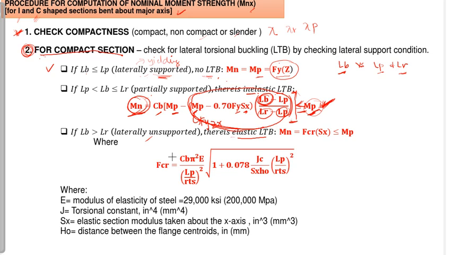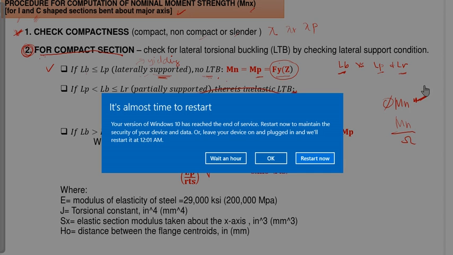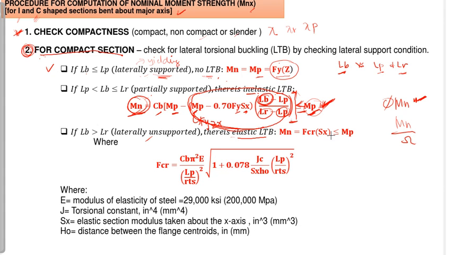Pero pag ang tanong ko naman is, what is the design strength? So, di ba pag LRFD, that is the design strength. Pag ASD, ganyan. That is the allowable for the ASD. So, pag sinabi kong design strength, yung ibibigay nyo sa akin, yung magiging value nyo ng Mn dito is, pag mas mataas yung Mn na na-compute nyo dito, yung ilalagay na Mn dito is yung equal to the Mp.